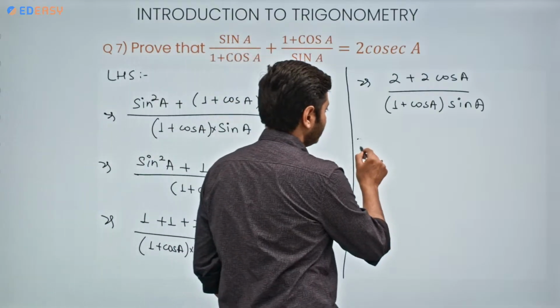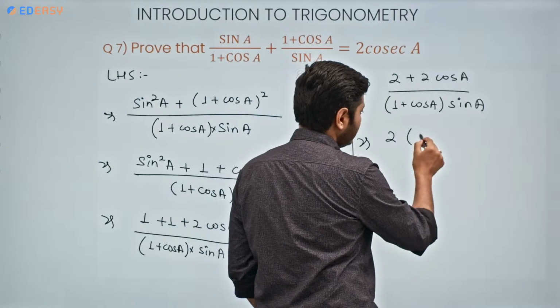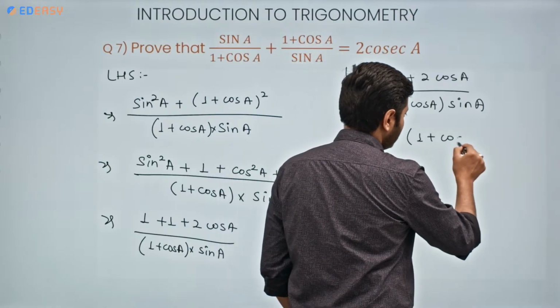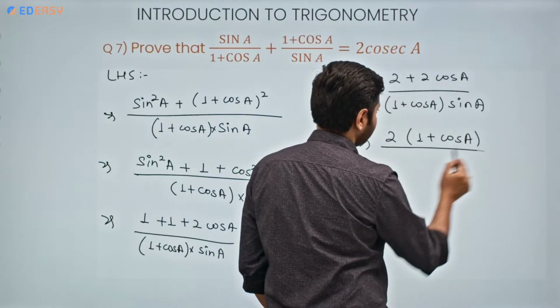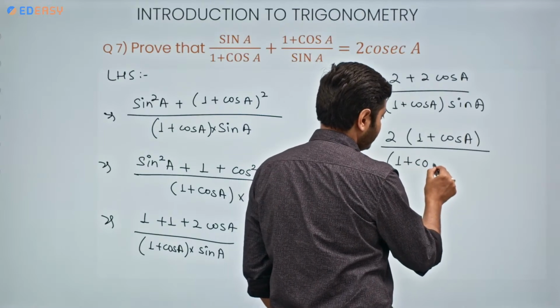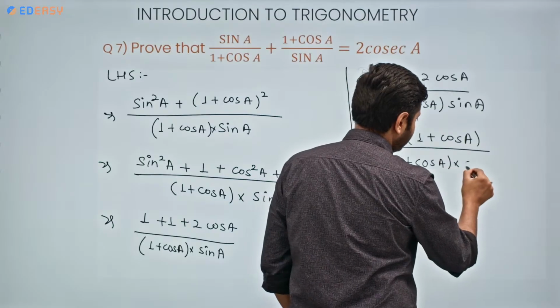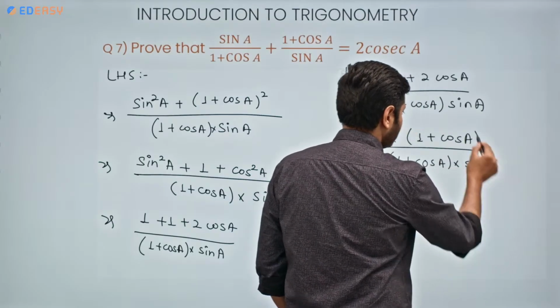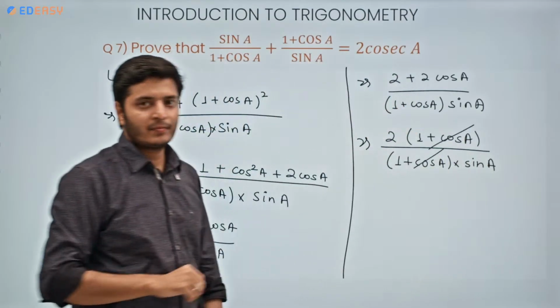So 2 we are taking common, 1 plus cos A is what we are left with, so 1 plus cos A in denominator into sine A. We are going to cancel them.